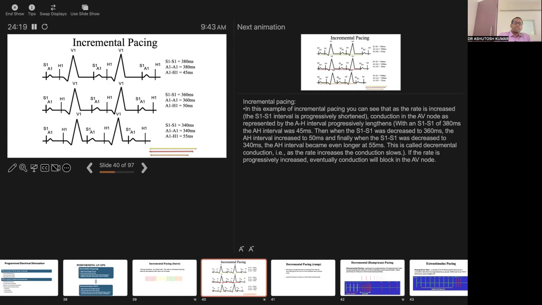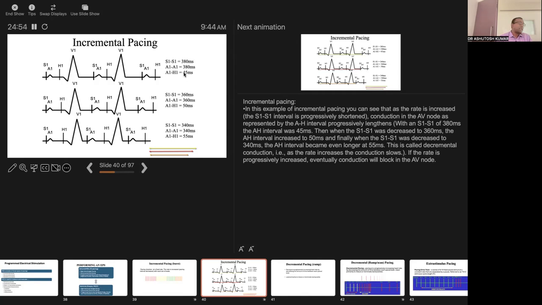How do you say incremental? 380 is big or 360 is big? 340 is big. Big means the heart rate is higher. So this is called incremental pacing. 380 is lower heart rate, 360 is higher heart rate, and this is again higher heart rate. Is it clear now?